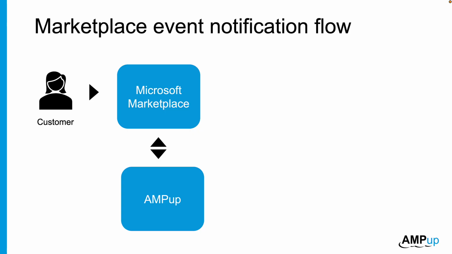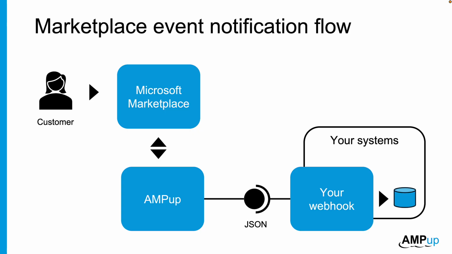For those that have the private webhook notification configured, it looks like this. A JSON payload is forwarded to your webhook with details about the notification. The webhook may interact with your own backend systems in some way, most often storing the notification information, maybe for synchronization with a CRM later. Now, let's see it in action.